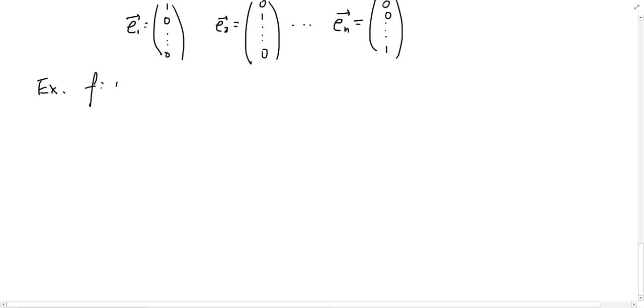Suppose I have a function f that maps from R3 to R2. And let's say this function f is linear. Very important.